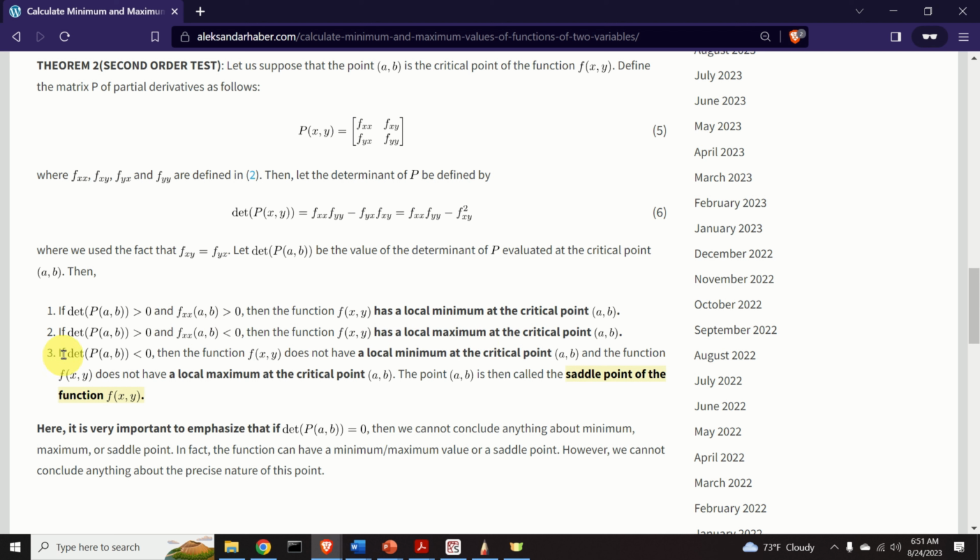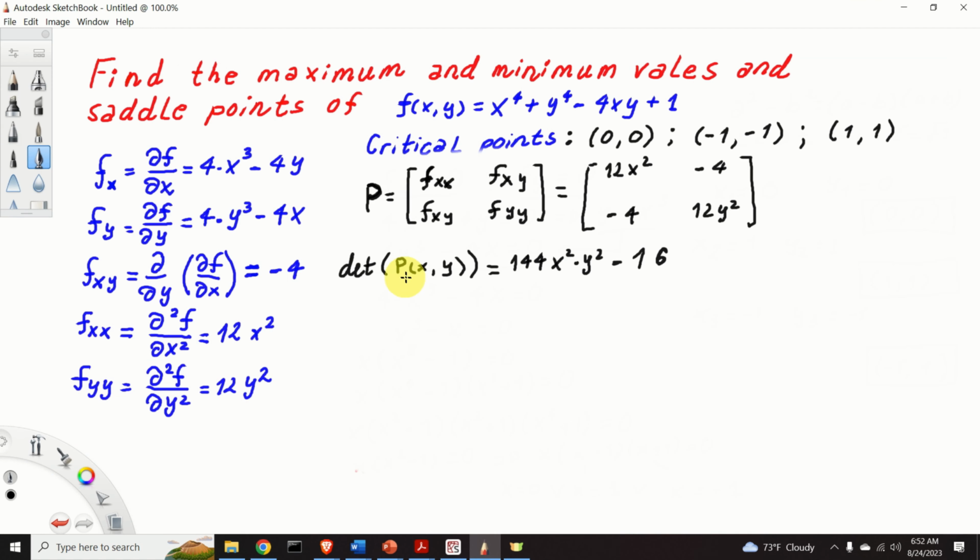And finally, if the determinant is smaller than 0 at the critical point, then the function does not have a local minimum at the critical point, and it doesn't have a local maximum at the critical point. Instead, the critical point is actually a saddle point of the function. We need to apply this theorem to our case, so let's do that.